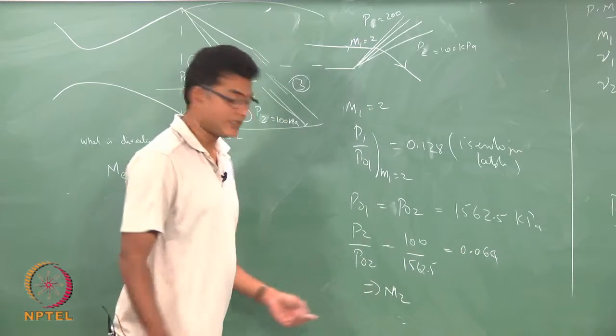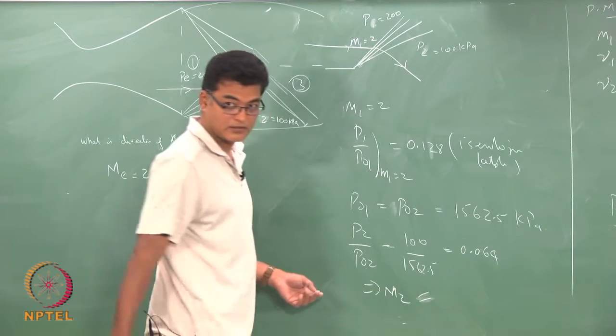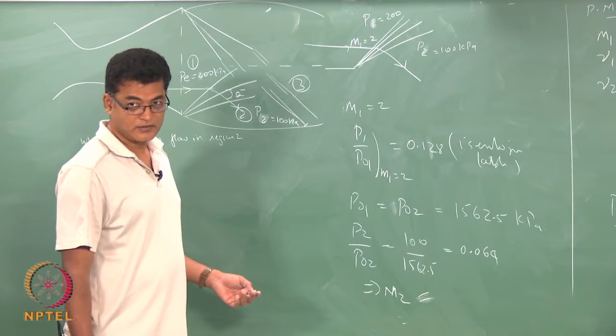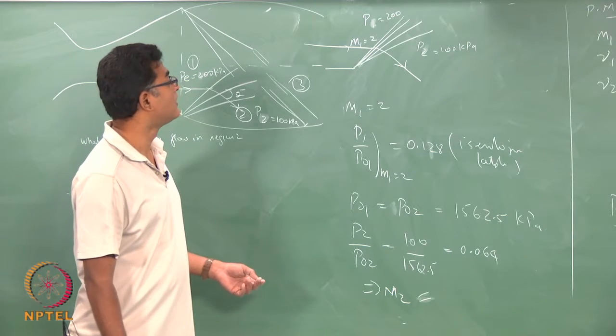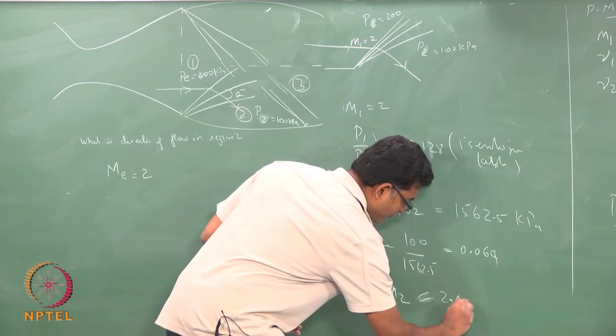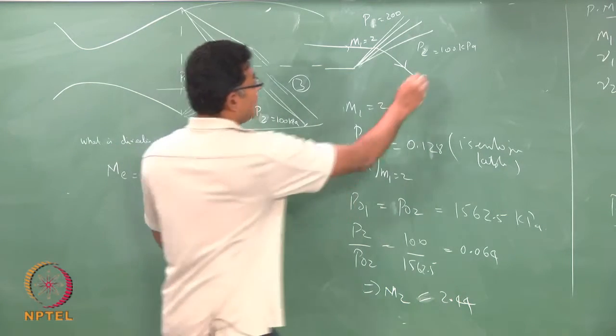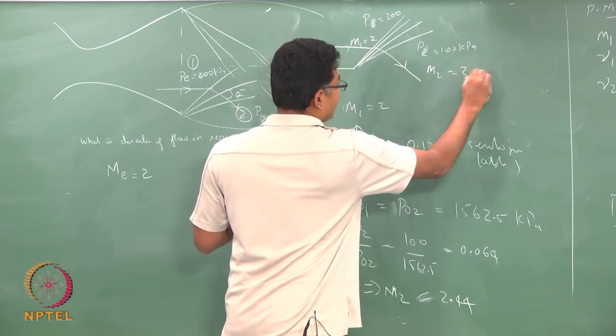From which I will get an M2, which is around 2.44. Okay. So now I know my M2 to be 2.44.